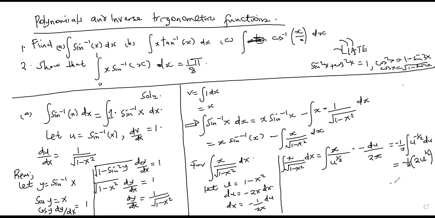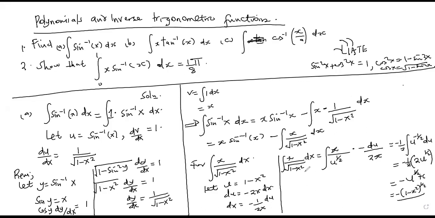This 2 will cancel, so you'll have negative u to the power a half plus a constant of integration. But you know what your u is equal to, of course. So this is going to be negative 1 minus x squared to the power a half.